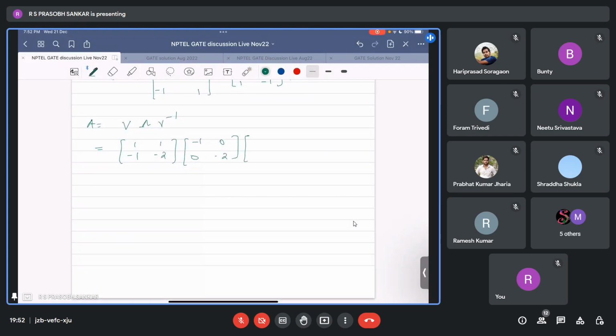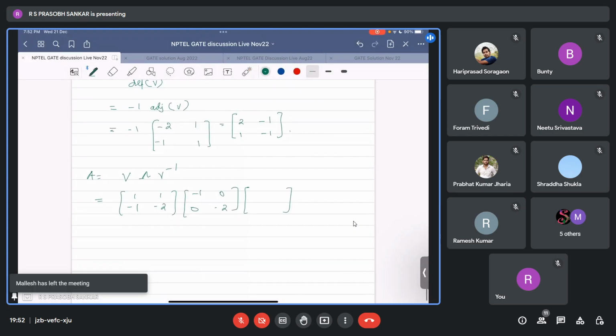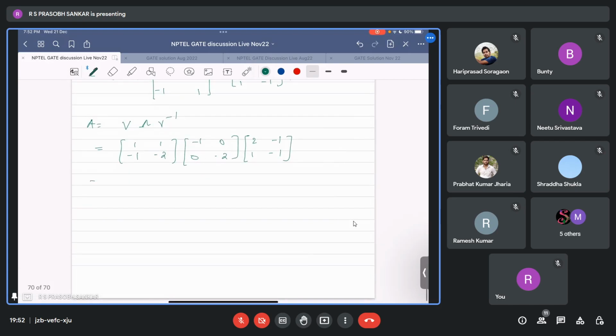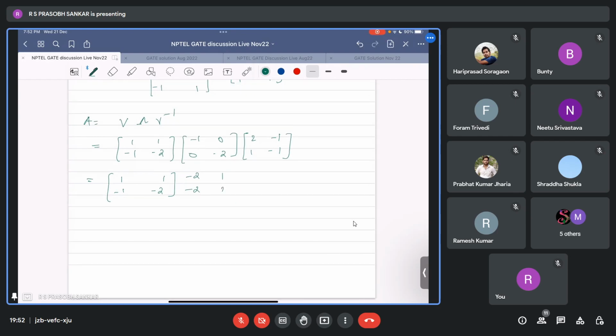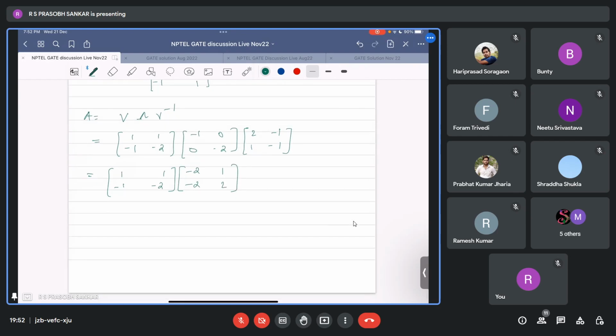Then we have this inverse that happened to be 2, minus 1, 1, minus 1. Now what do we have? Minus 2, 1 and minus 2, 2.